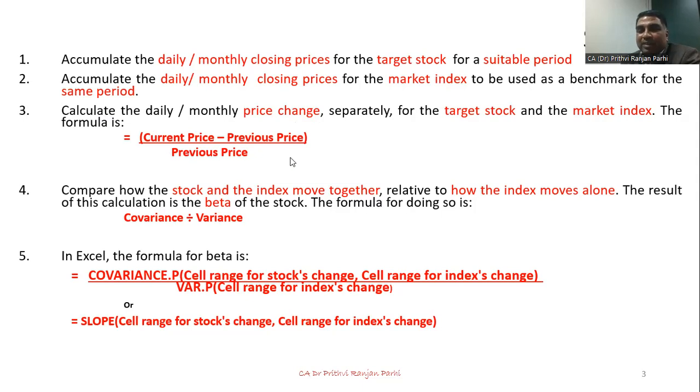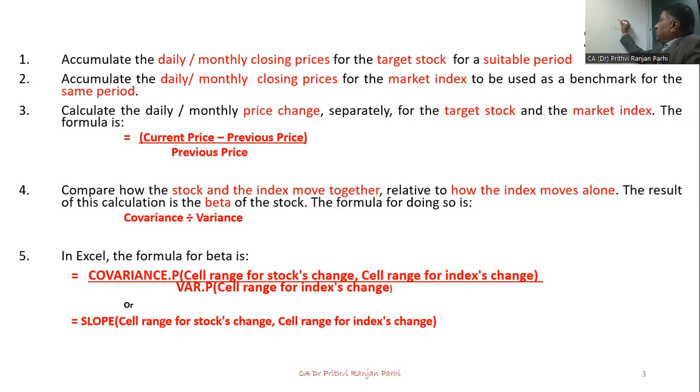For example, let us say the price of a stock today is 110 and yesterday it was 100. So you can see there is a movement of 10. 10 is the return on rupees 100. So here our price change will be 110 minus 100 divided by 100. Today, let us say 110.